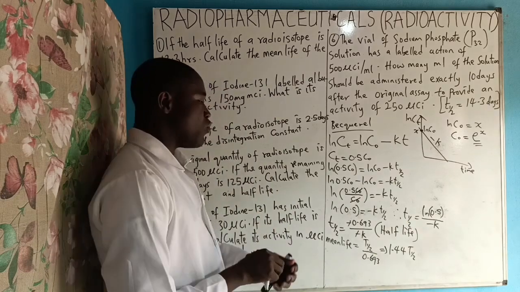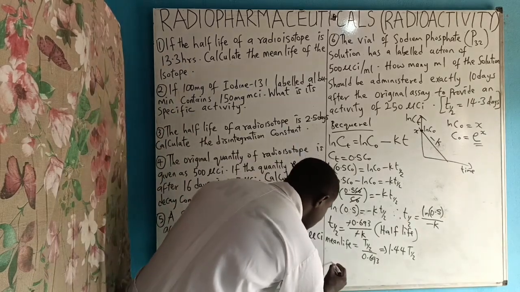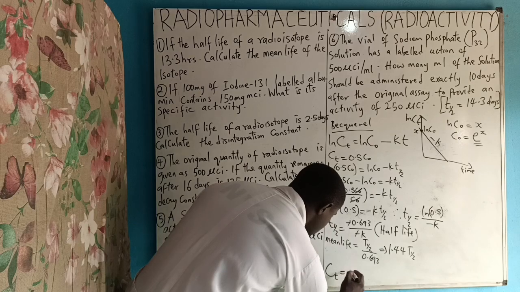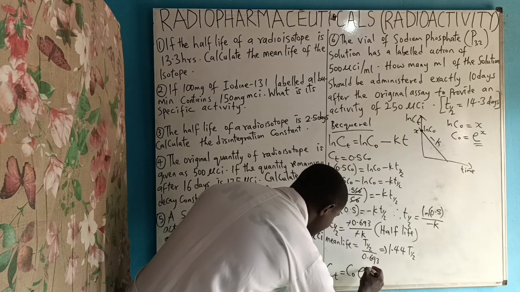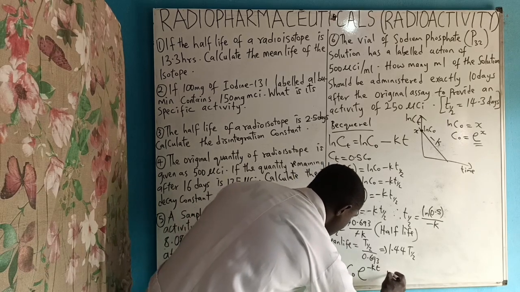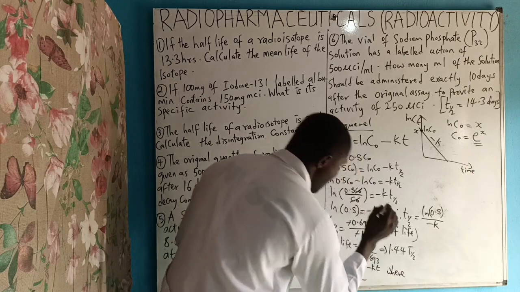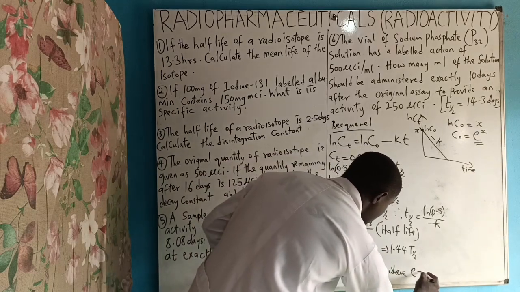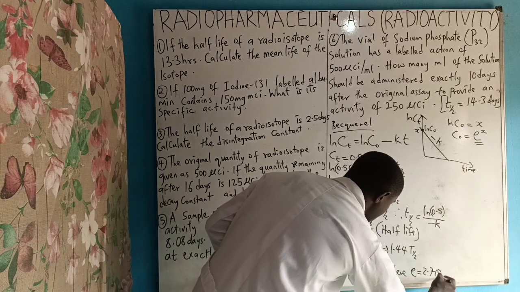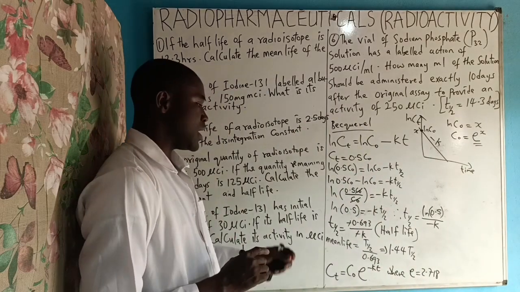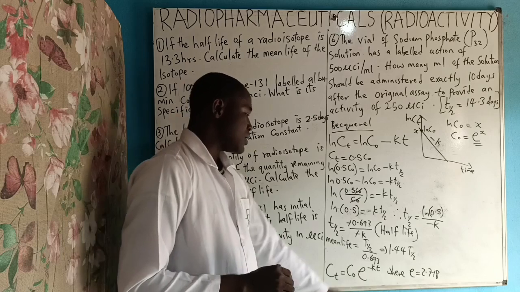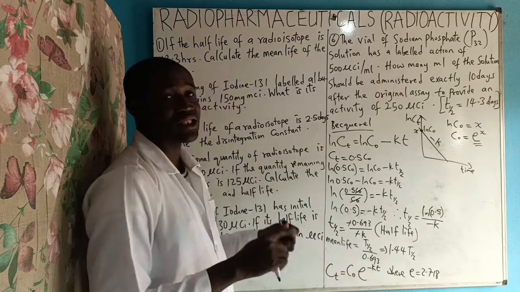Okay? Another formula we should not forget is Ct equals C0 exponential minus Kt, where e is equal to 2.718. That is the equivalent of e on a calculator. Remember, this K I've been writing here varies.